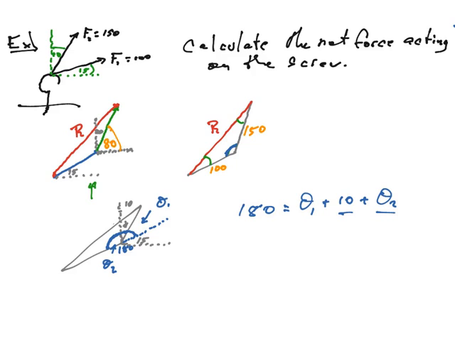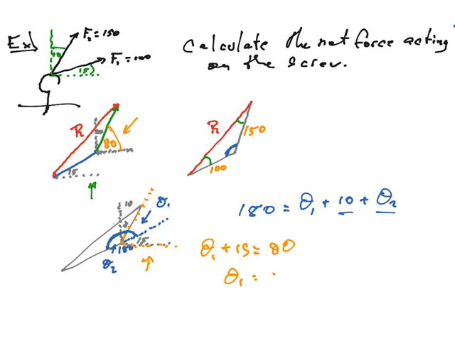So, what can we do? Well, remember, at this point, right over here, I said from the horizontal up to the green line must be 80 degrees. Well, notice on this picture I drew right here, I have the horizontal here, up to the green line, which is here. So that says this theta 1 plus the extra 15 must be that 80 degrees. Well, that's good. That'll give me theta 1.